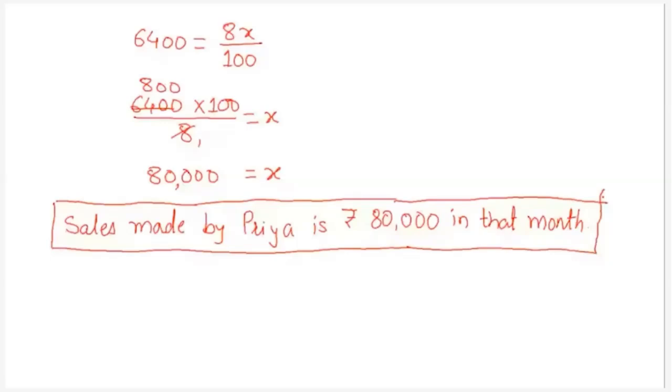Chalo, question number 6. The income of a broker remains unchanged, though the rate of commission is increased from 4% to 5%. The income of a broker means commission. The commission remains unchanged.